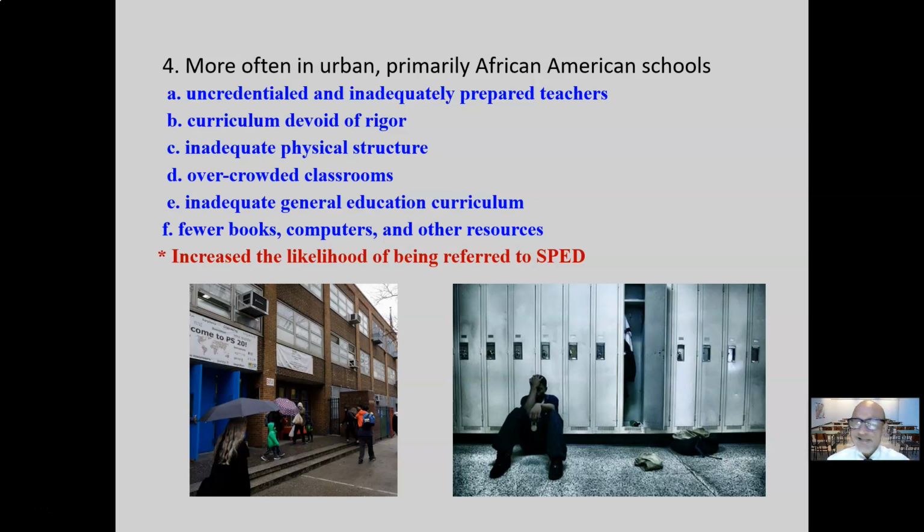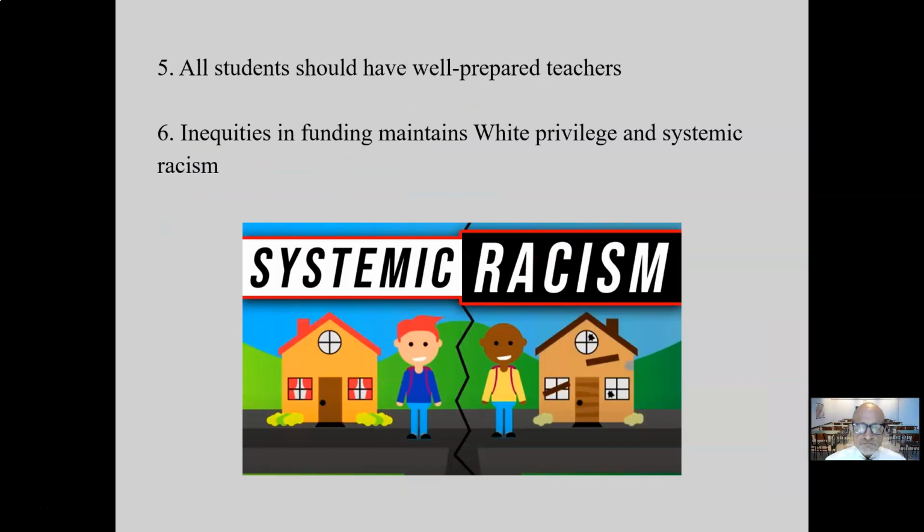All right? It is not an equal playing field. All children do not have the same opportunity. Much of their opportunity is determined by their skin color and by their zip code. All students, of course, should have well-prepared teachers in order to have equitable learning opportunities.